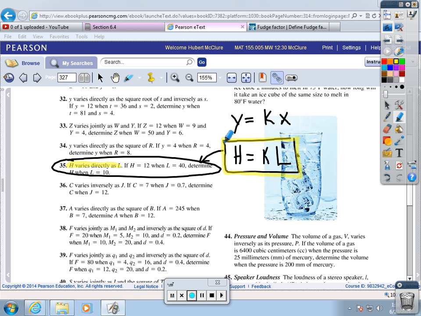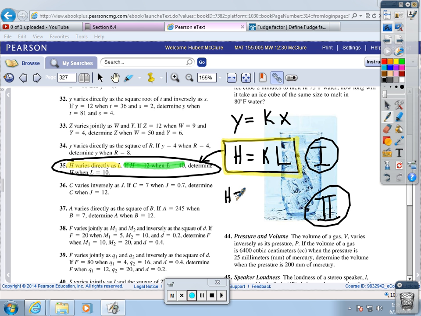Now, the second part of this problem is right here. It says, if H is 12 when L is 40, period, or comma. That means plug and chug. So this is step 1, find the variation. Step 2 is plug and chug.